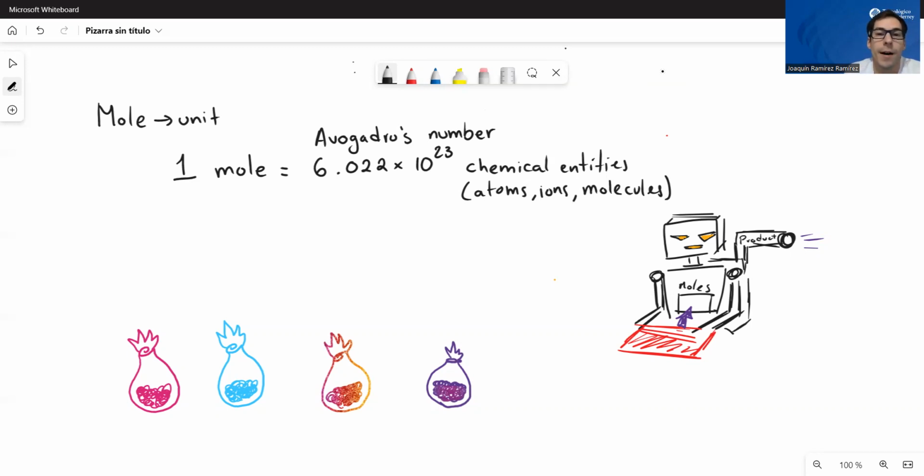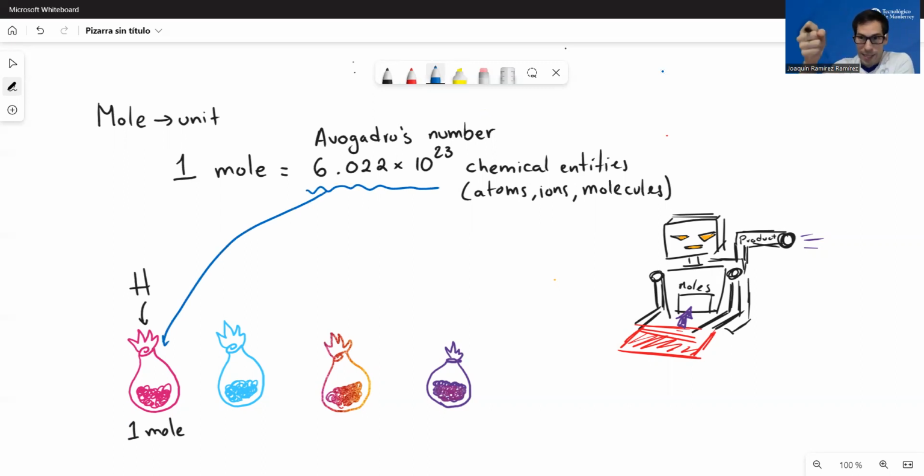So the funny part here is that, for example, let's say I want to fill this mole bag. So I want to fill 1 mole bag of hydrogen atoms. Okay, so if I put exactly this number of atoms inside this box, and if I take that box and weigh it on a scale, the mass that will appear on the screen will be exactly this number in grams.